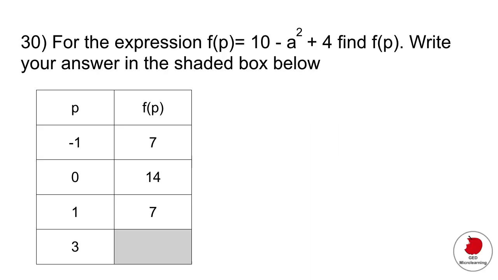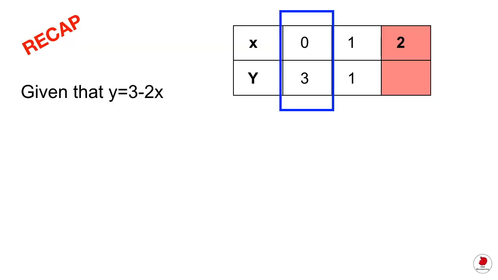All right, the next part is going to look at function questions. It says for the expression f(p) is equal to 10 minus p squared plus 4, find f(3), and write your answer in the shaded box below. We actually already covered this at the beginning when we did the slope questions, but we'll go through it again. Whenever they give you an expression like this, remember that it's an input-output system.